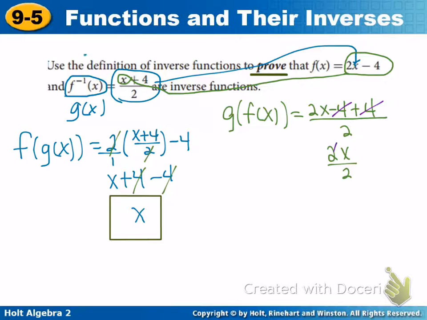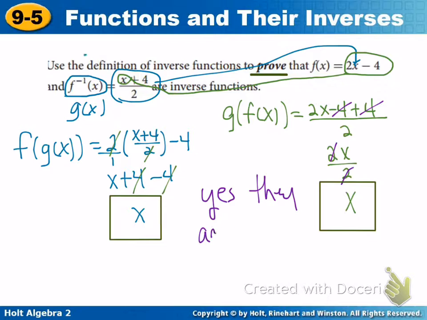Okay, the 2s will cancel. And what are we going to have left? So what does that tell us? They are true inverses of each other. You are correct. So we would say that, yes, they are inverses. We have proven it.